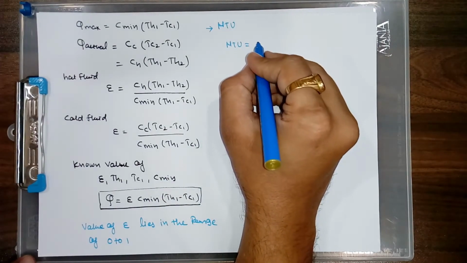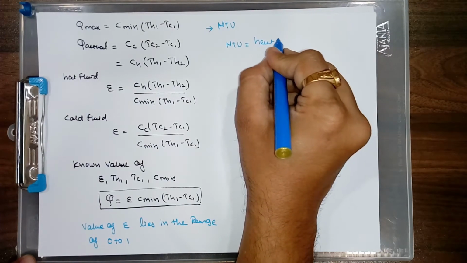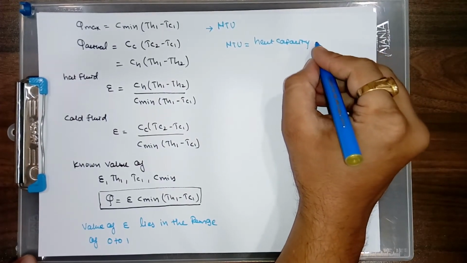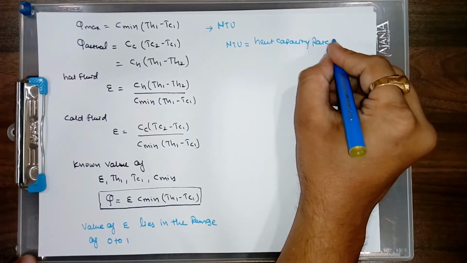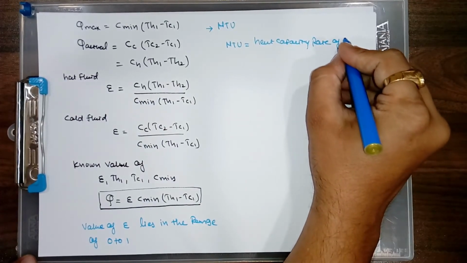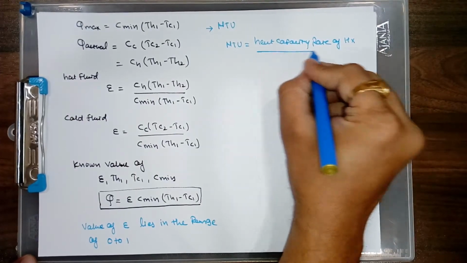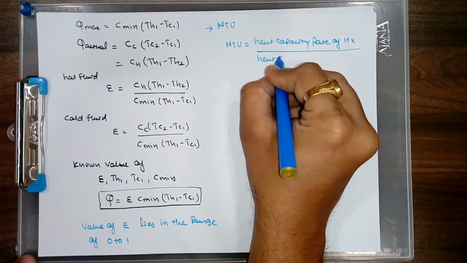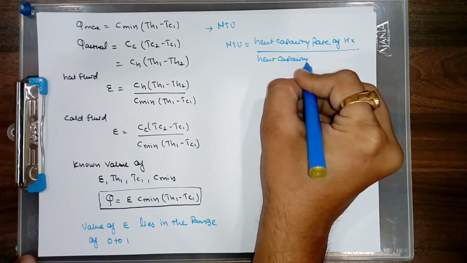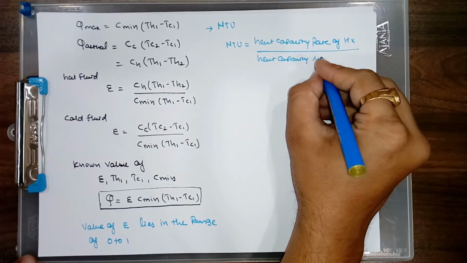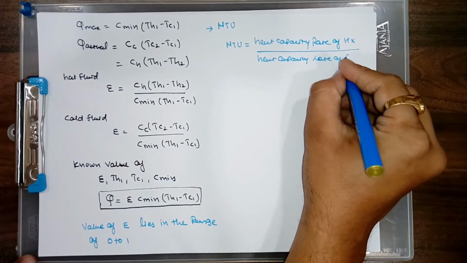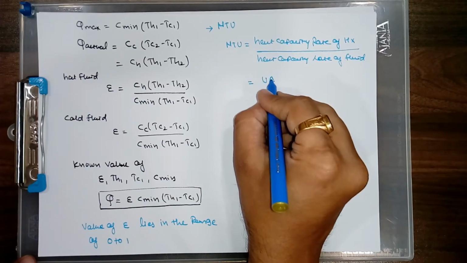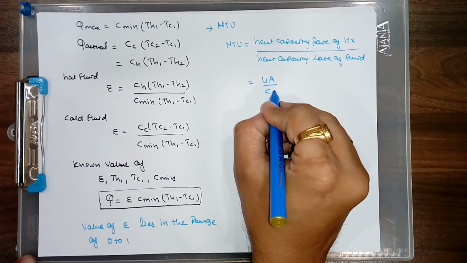So we will write it down over here: heat capacity rate of heat exchanger upon the heat capacity rate of fluid. So our equation becomes UA upon C_min.